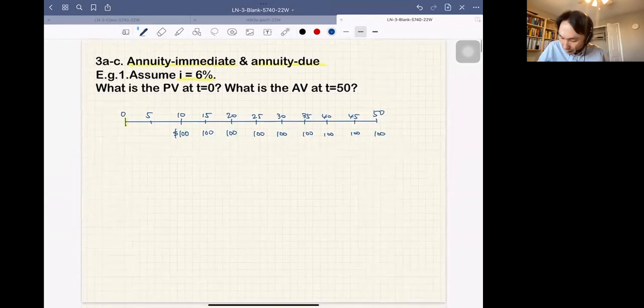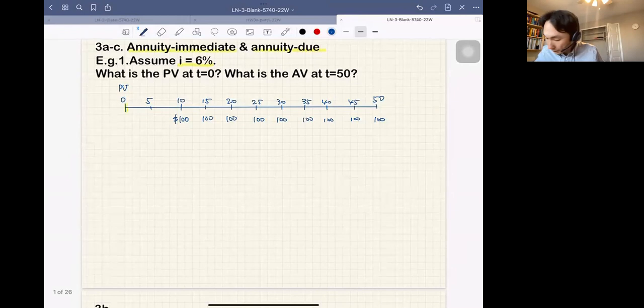We want to calculate the present value of this cash flow. In this section, basically we deal with this kind of repeated payments of the same amount at equal intervals.